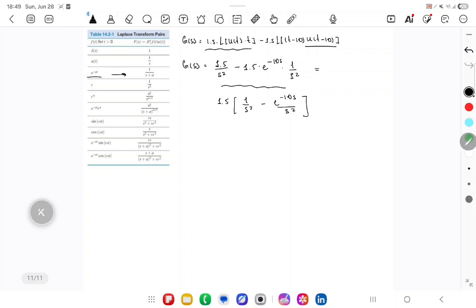This is it. So if I were to draw a plot of this function g, then let's first draw our 1.5 t u(t). It looks something like this. Let's say this is 0.10, this is 0.15. If I were to draw our step function, it will look somewhat like this.